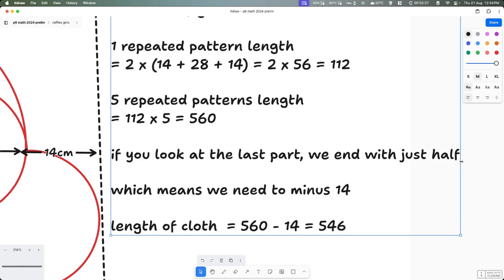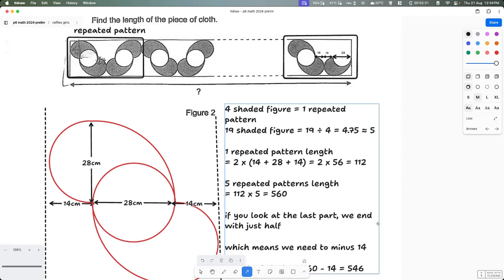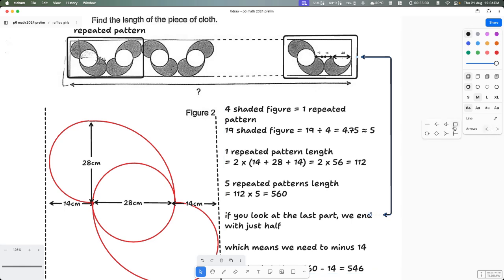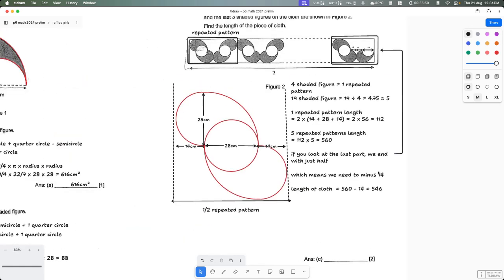Let me make this a little smaller, like this. So the last part, we don't have it like this. Oh, it is like that. So that is roughly about it. The answer for the length of cloth is 546.